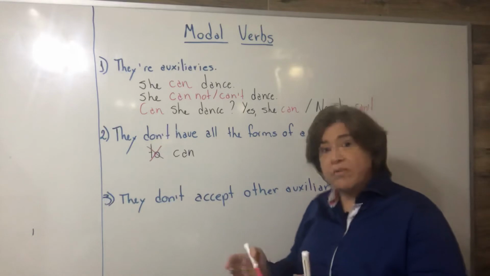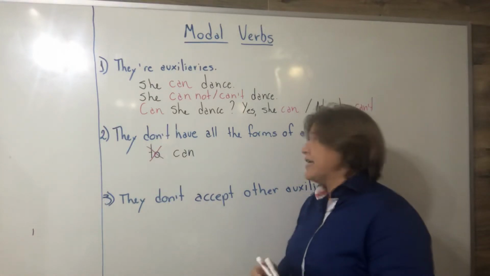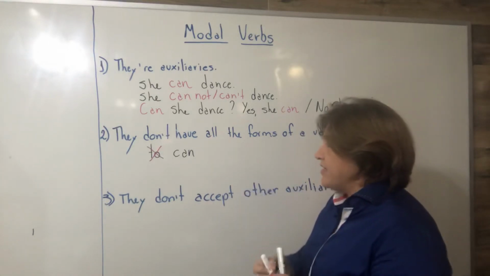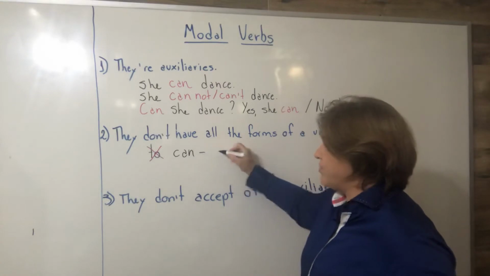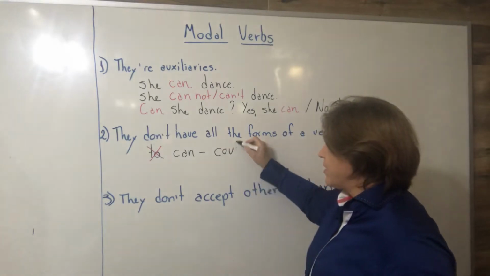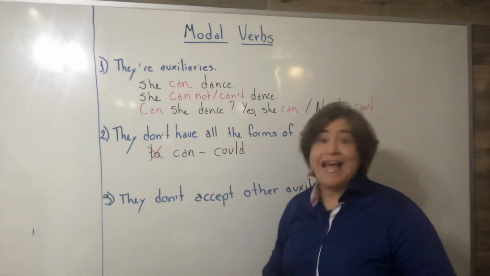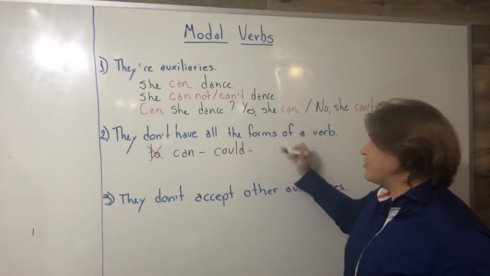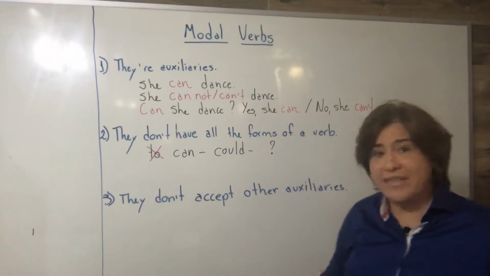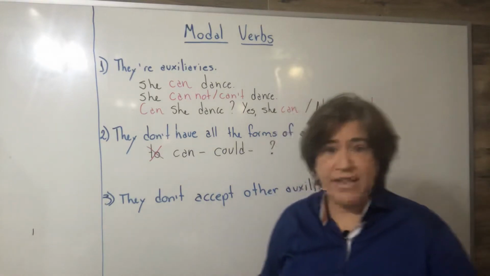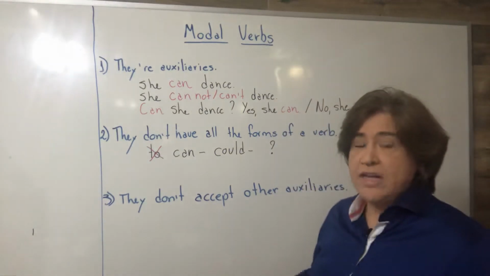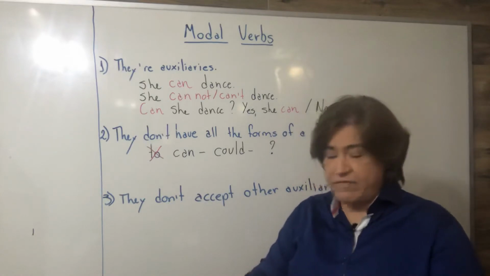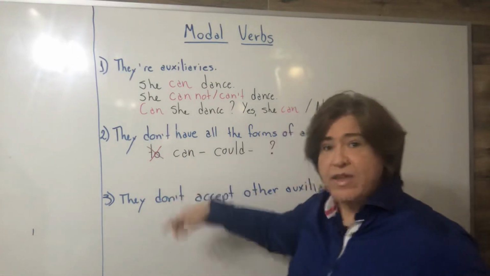So it's a problem according to the list of verbs. And that is the past form could. However, we were supposed to have a past participle, but we do not have a past participle. Some modal verbs don't have the present form.